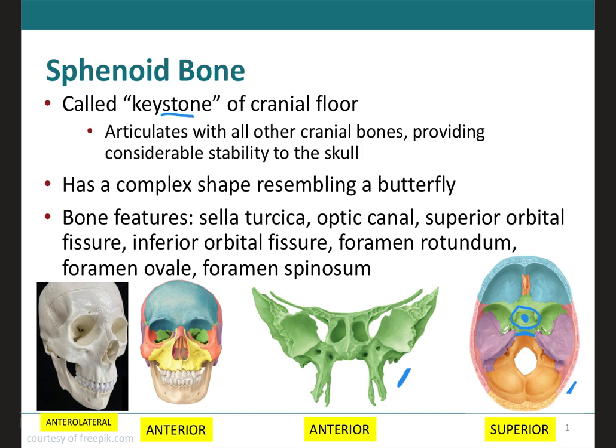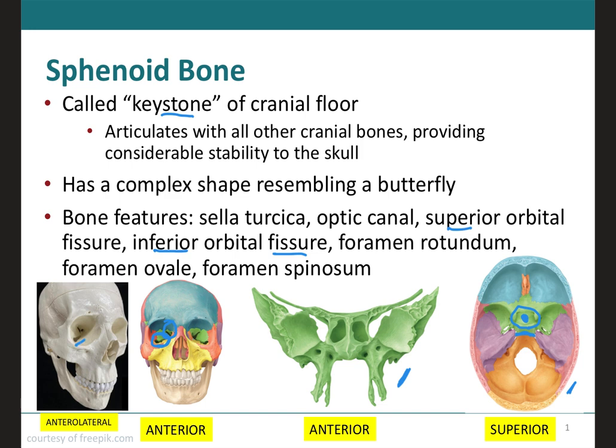Then we have the superior orbital fissure, which is that slit right over there, located superiorly. We can also see it right over here on this image. And then we have what we call the inferior orbital fissure. So if we have a superior orbital fissure, we're going to have an inferior orbital fissure. A fissure means that it's an elongated cut, and that's exactly what it looks like.